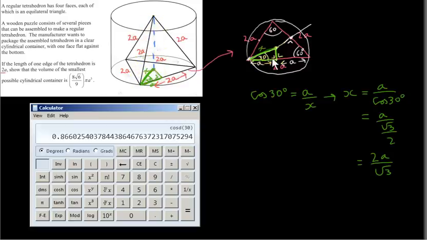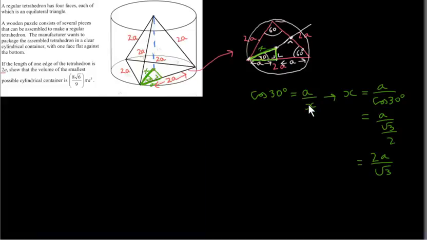You see that in this right angle triangle, the side adjacent to 30 degrees is a, the hypotenuse is x, and x is what we want. The cos of 30 degrees is adjacent over hypotenuse, or a over x. So we can rearrange this to find x. Basically cross multiply and make x the subject, or simply interchange these two. So x equals a divided by the cos of 30 degrees.